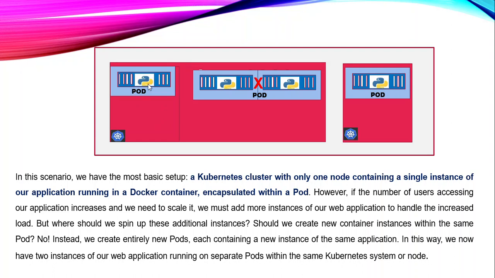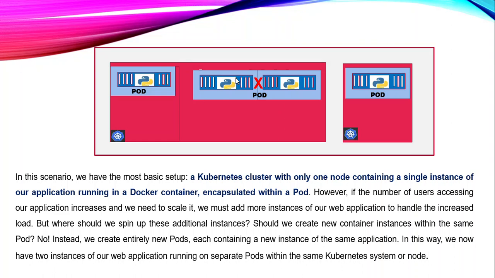But you don't start scaling your containers so that you have two containers running in a pod, as you can see I have marked it bad here. You need to spin up another pod so that you have two pods, for instance. You don't just spin up a container to run in the same pod.